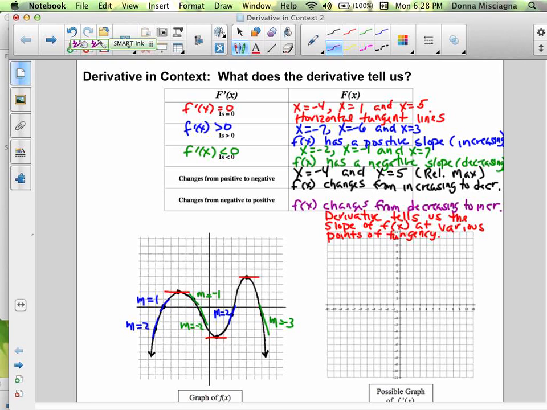From decreasing to increasing. And that's going to occur at x equals 1. Notice that where f of x changes from decreasing to increasing, and f prime of x changes from negative to positive, f of x has a relative minimum. And we can use that fact to help us graph later on.